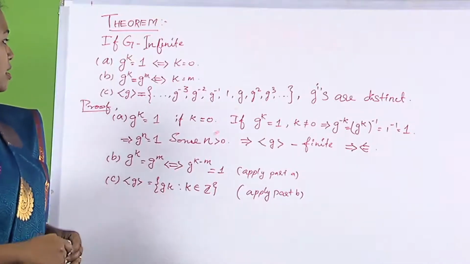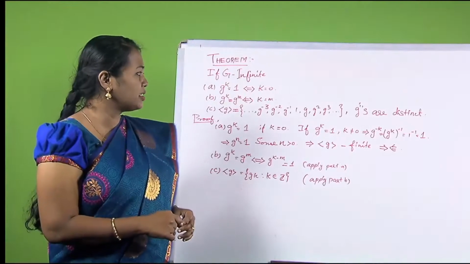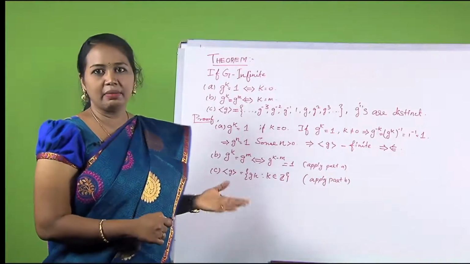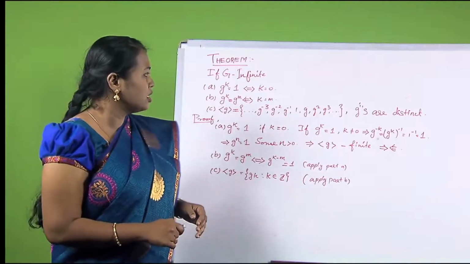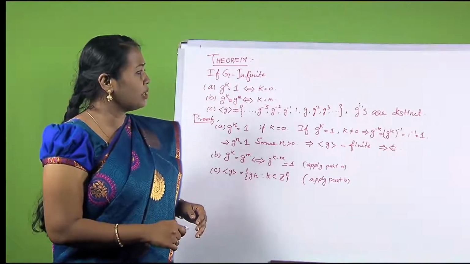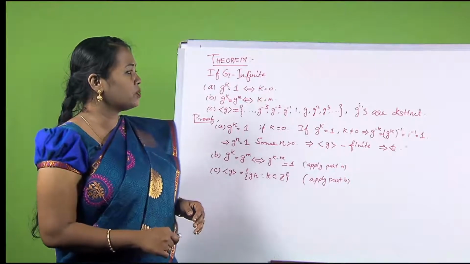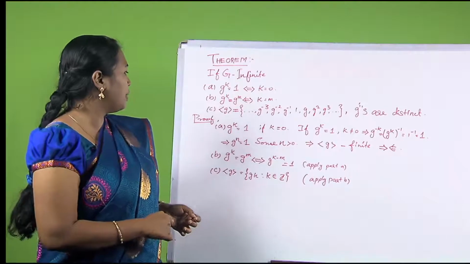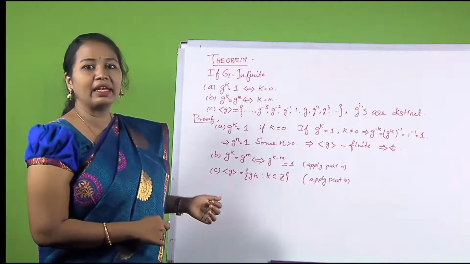The first part is obvious because k equal to 0 is true, anything to the power 0 is 1. Suppose you have g power k is equal to 1 and k is not equal to 0. So, either k can be less than 0 or k can be greater than 0. So, g power minus k will become g power k the whole power minus 1. So, 1 power minus 1 again becomes 1. So, g power n is equal to 1 for some n greater than 0.